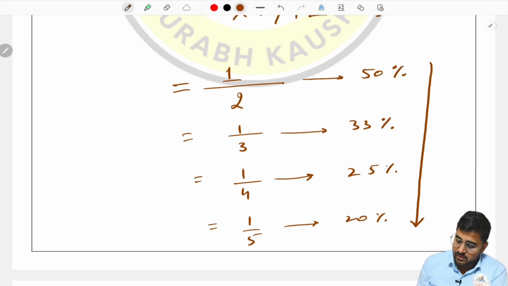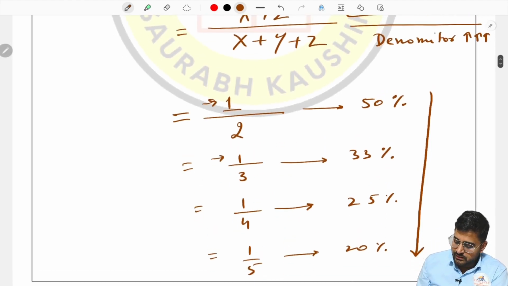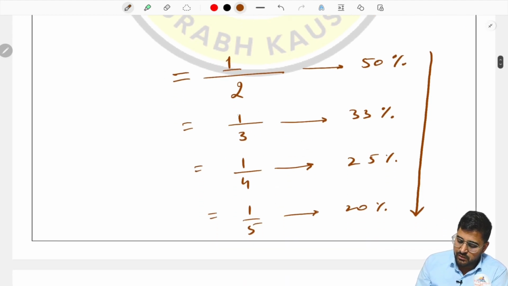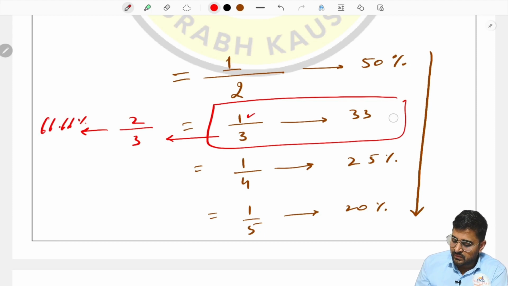Okay, and in here we put a constant term. You can keep them changing also. For example, if you increase the numerator, this part, and make it 2 by 3, what does it become? It becomes 66.66%.